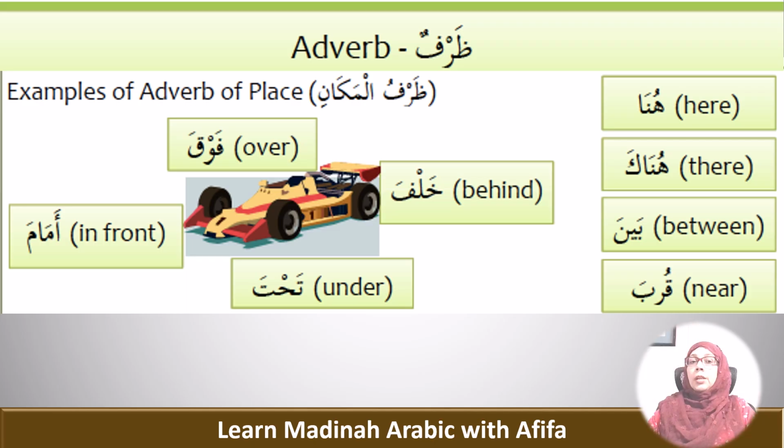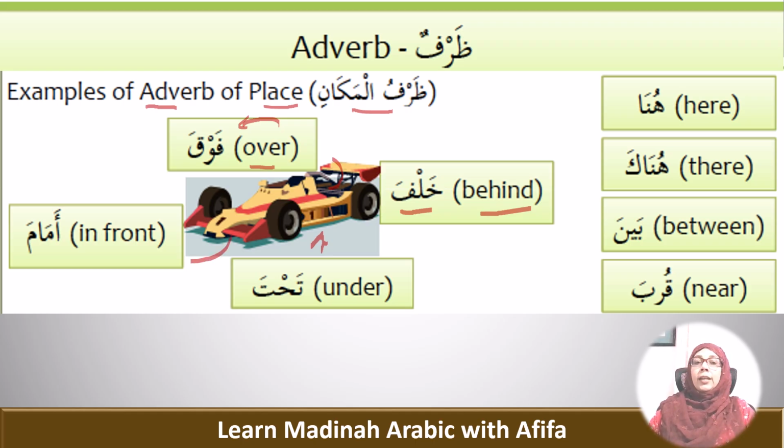Let's take some common examples for the adverb of place, which we said is zarful makan. So we have this picture of this car here, and whatever is above the car, so it is over the car. It's denoting a place, and in Arabic, over is fawqa. And with the same car, if we're looking at what is behind, we're talking about a place, and in Arabic we say khalfa, which means behind.